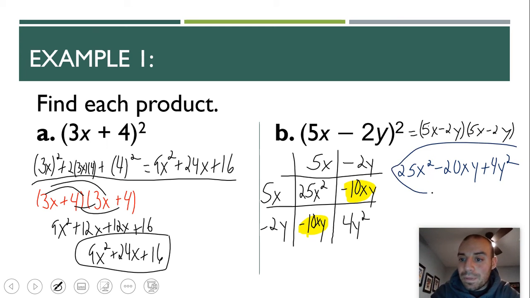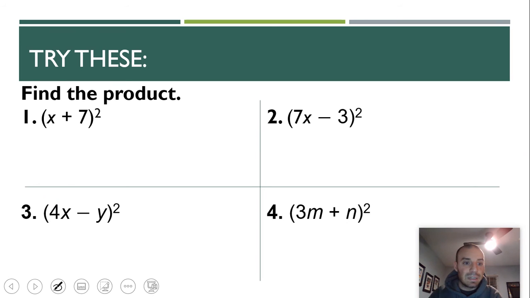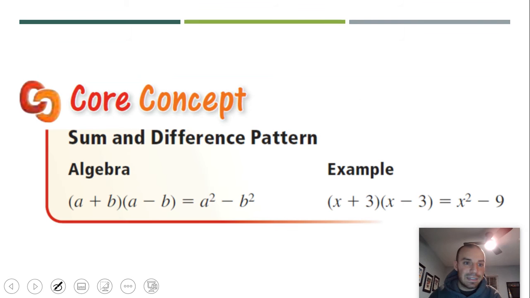And again, I've just shown the box technique here, but you can certainly use your foiling technique if you're somebody who's more comfortable with using distribution. We'll look at the try these in class.